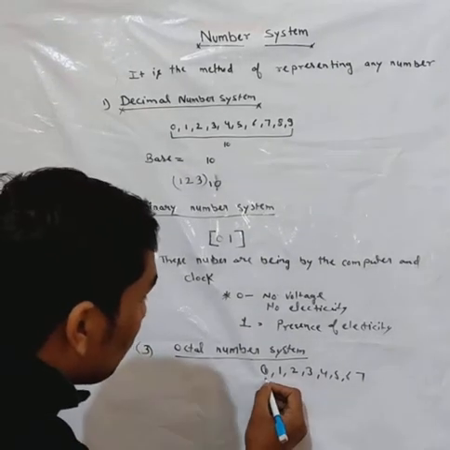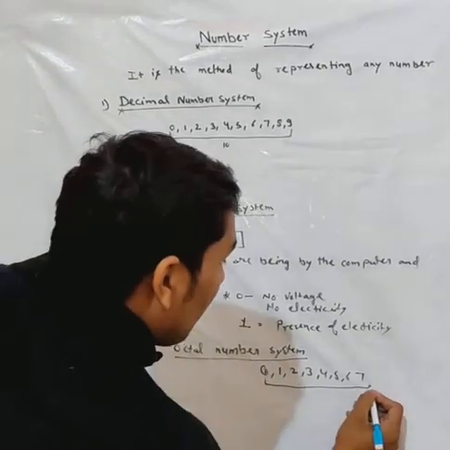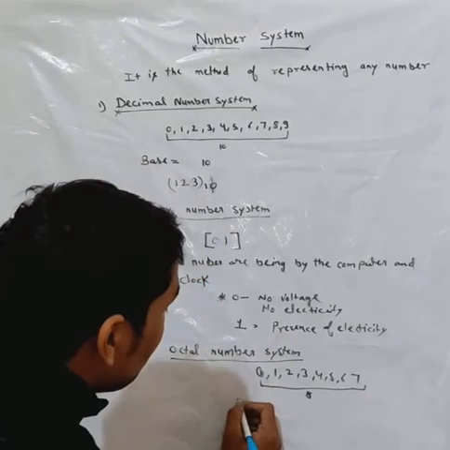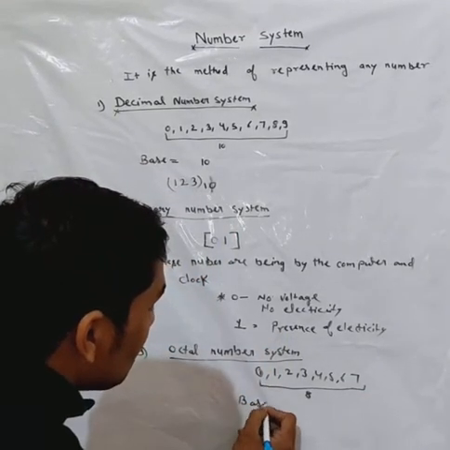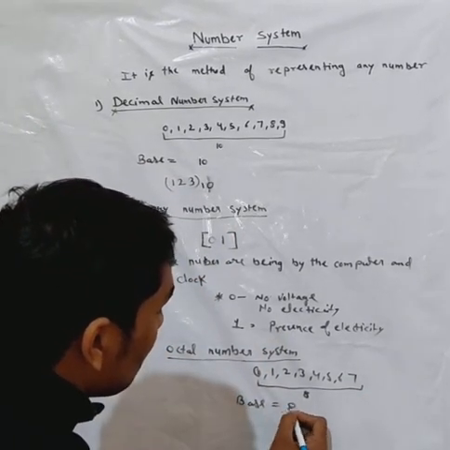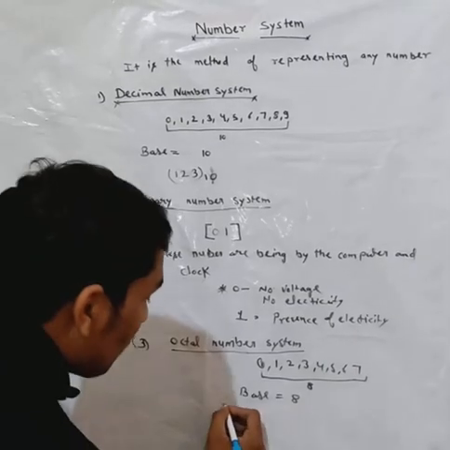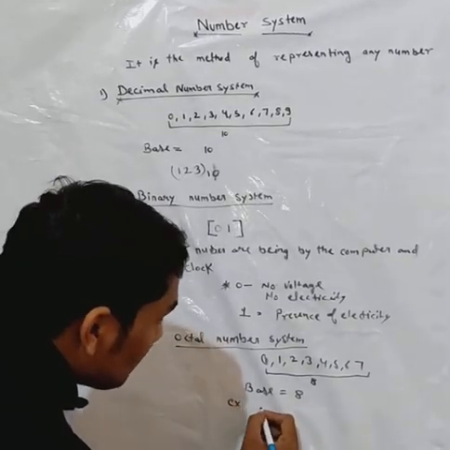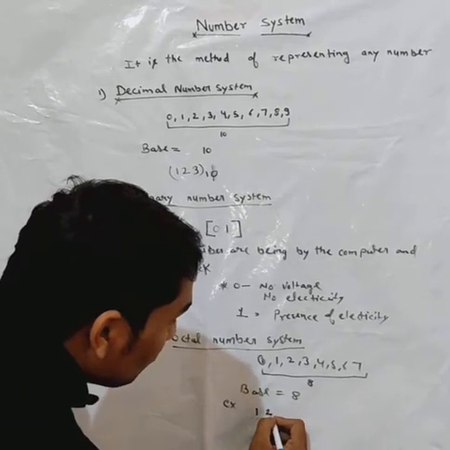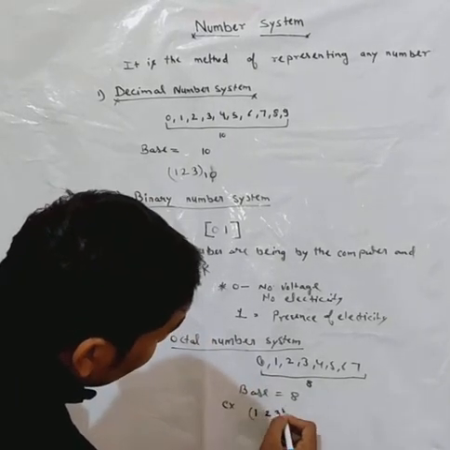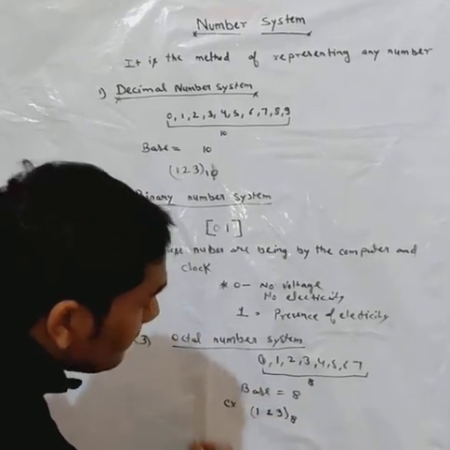So the total numbers are 8. So base is 8. Okay. So for example, if we take 1, 2, 3, the base is 8 in this number.